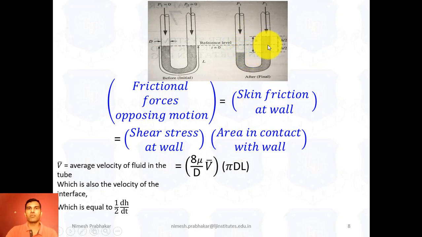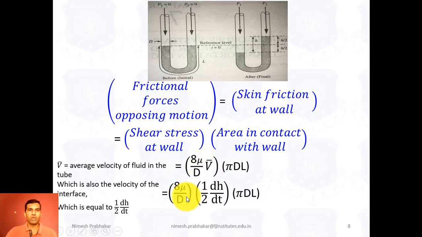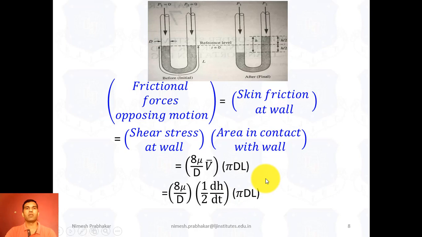So we can write this equation as 8 nu by d, and for this V we can write 1 by 2 dH by dt, into pi d L. So finally we get the frictional force equals 8 nu by d into 1 by 2 dH by dt into pi d L.